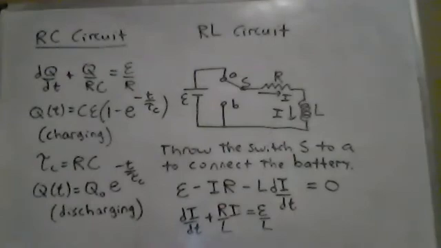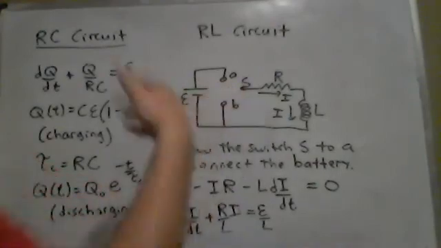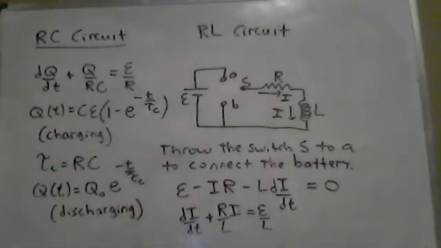Okay, so what would the answer to this differential equation be? Well, again, it's going to be very similar looking. And of course, if I wanted to discharge, by the way, I'm going to talk about turning the system off.